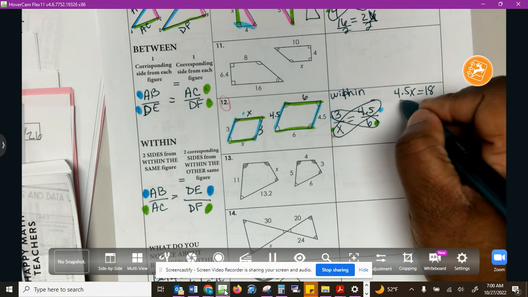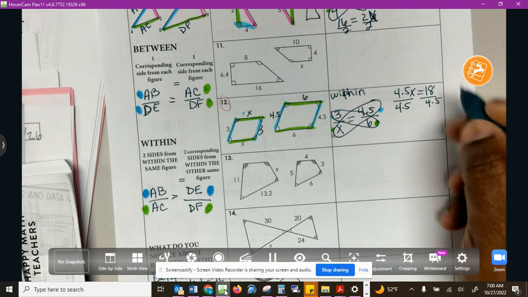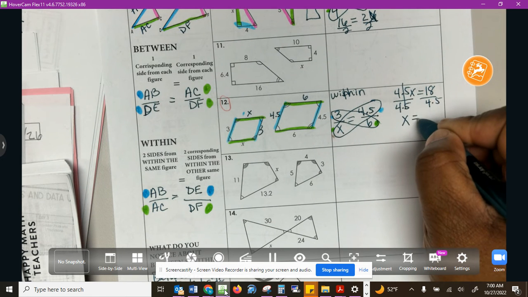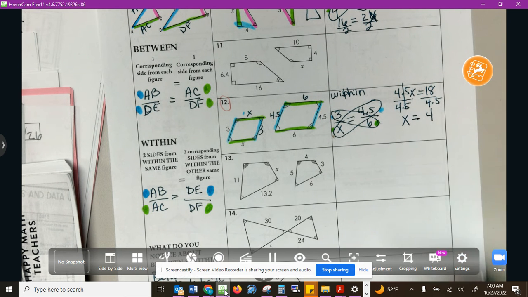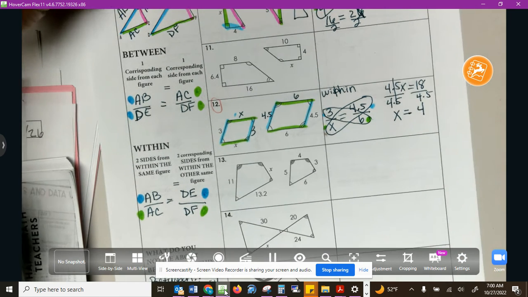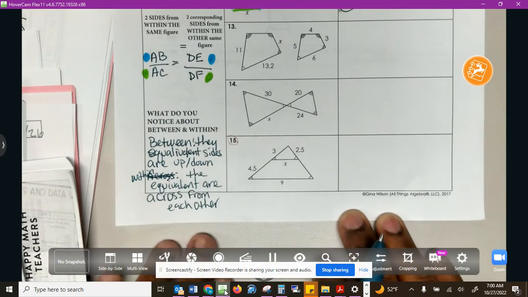I'm going to divide by 4.5 on both sides. And that means x then is equal to 4. All right, I'm going to move on to do one of the harder ones.